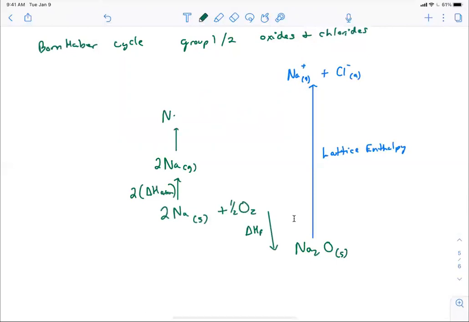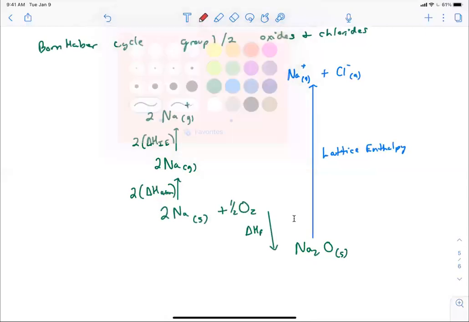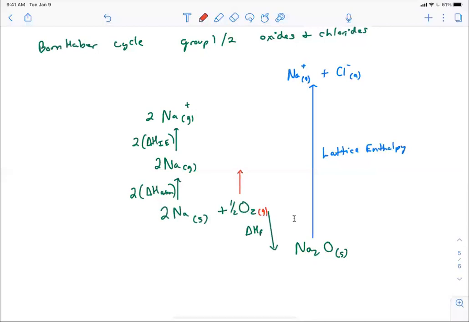Which then means that if you're going to ionize 2Na, then that's 2 times your ionization energy of that species. With oxygen, you've got to break those bonds. You've got to atomize or use bond enthalpy. Usually you'll refer to bond enthalpy because that's in the data booklet already.